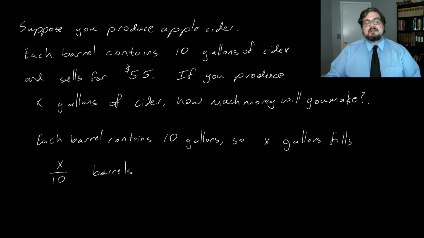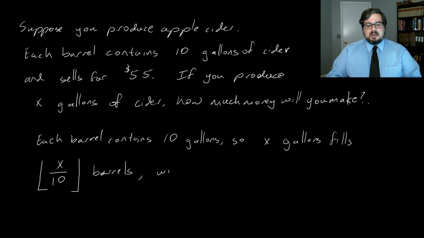In fact, the number of barrels that we fill is going to be the floor of X over 10, because it's going to be the greatest integer that is less than or equal to X over 10.